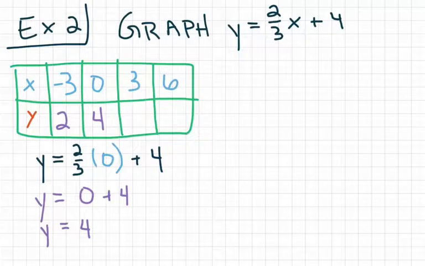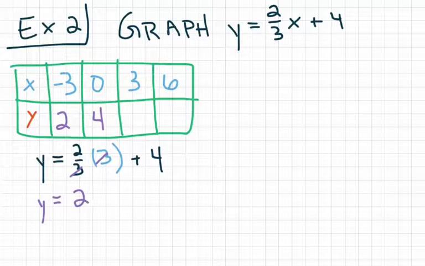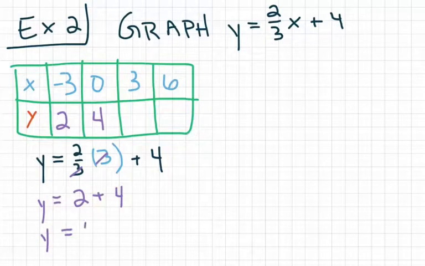Next value to substitute in is 3. We're going to do the math again. y equals 2/3 times 3 plus 4. Well, this 3 and that 3 will cancel, so we're just left with 2. Bring down the plus 4, and so we get y equals 6. So when x equals 3, y is going to equal 6.